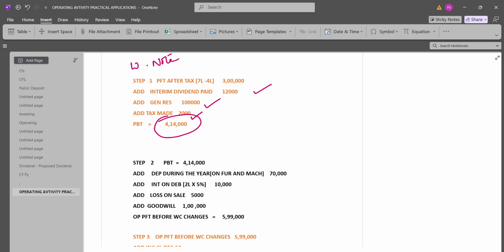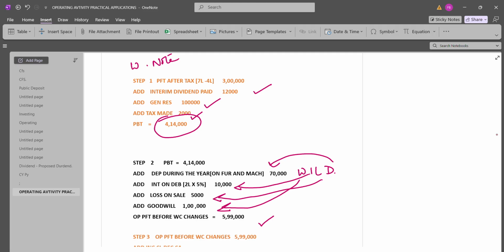Now to this we add the add-backs. In the add-backs I have goodwill decrease of 1 lakh, loss of 5,000, interest on debenture which we calculated 10,000, and depreciation both on machine and furniture, which was 70,000.